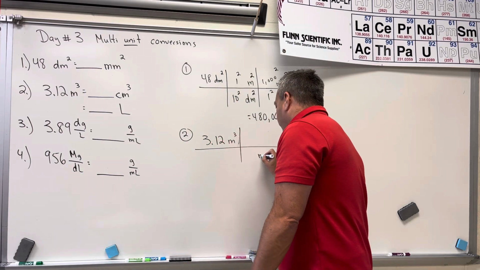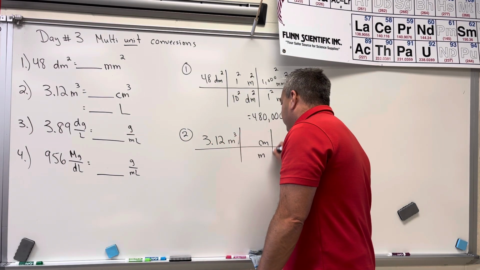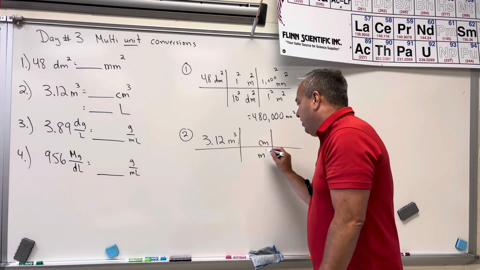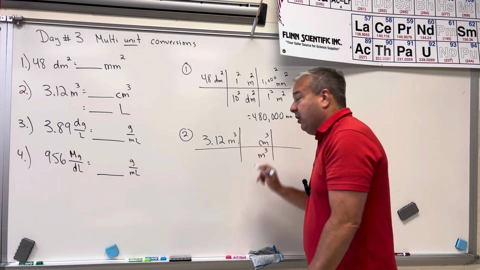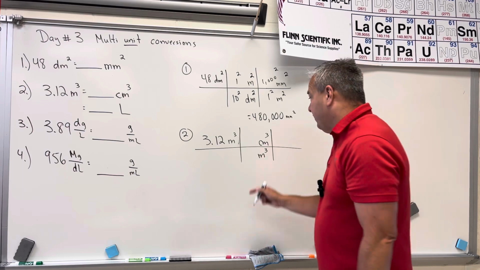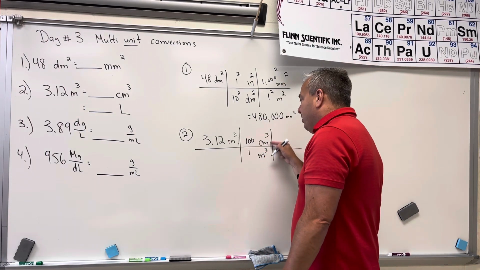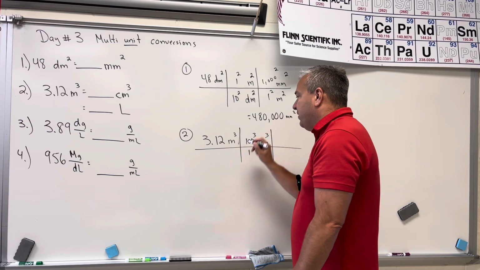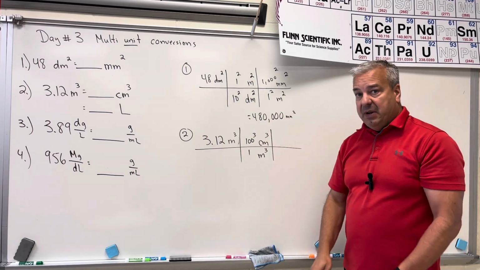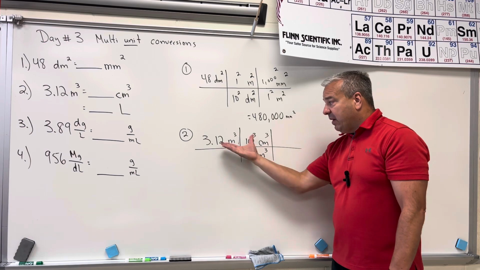So I'm going to go from meters to centimeters. But remember, this is cubed, so these things are going to get cubed. And when I put in the conversion factor between centimeters and meters, we know it's 100. But since the units are cubed, the conversion factor has to be cubed as well. And this is the work that we have to do.